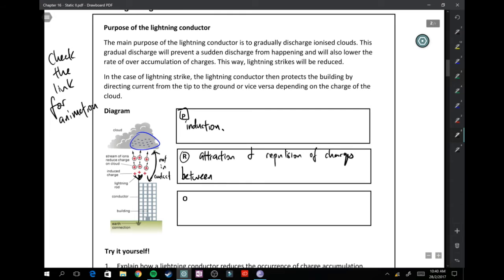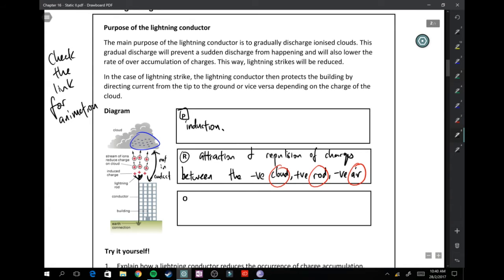Who are the 3 parties? In this case the negative cloud, the positive rod, and the negative air. So when you talk about the lightning conductor, there are 3 parties involved: air, the rod itself, and of course the cloud.